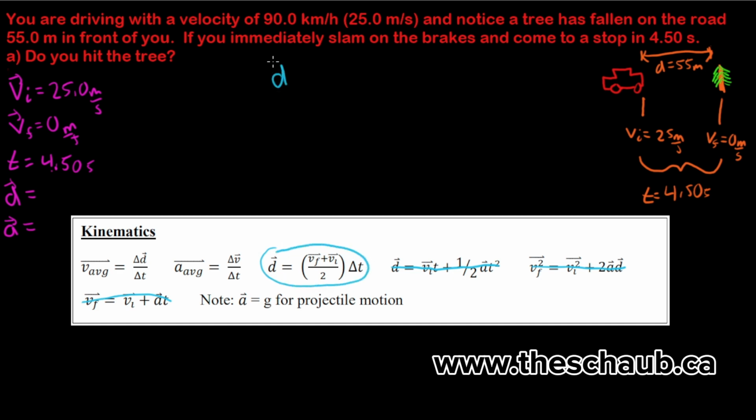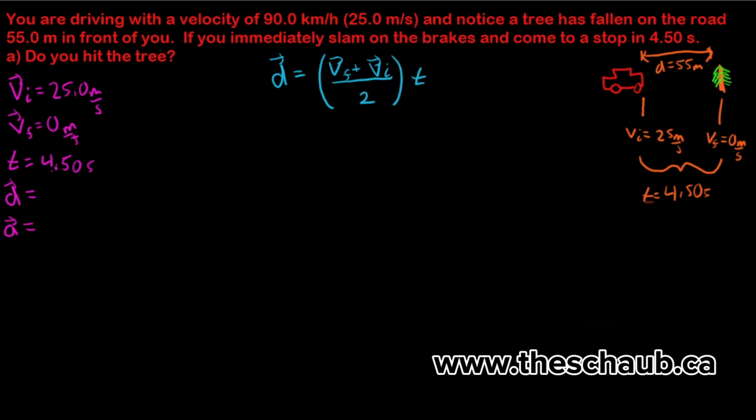So the distance it takes to stop is equal to our velocity final plus our velocity initial divided by 2 multiplied by the time it takes us to stop. Let's add in some numbers. The distance it takes to stop is what we're looking for.